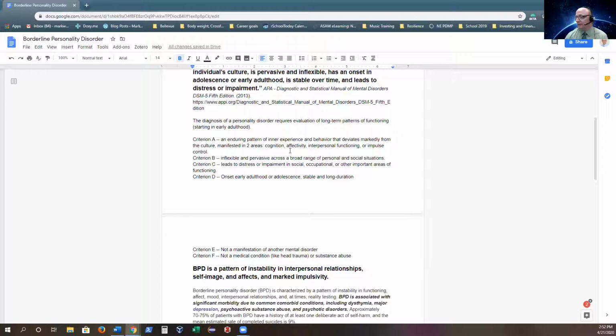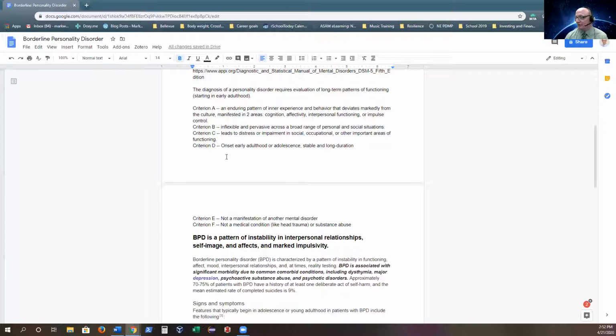Okay, so some of the criteria for personality disorders. Criterion A, an enduring pattern of inner experience and behavior that deviates markedly from the culture, manifested in two areas: cognition, affectivity, interpersonal functioning, or impulse control. So you only need two of those areas. Criterion B, inflexible and pervasive across a broad range of personal and social situations.